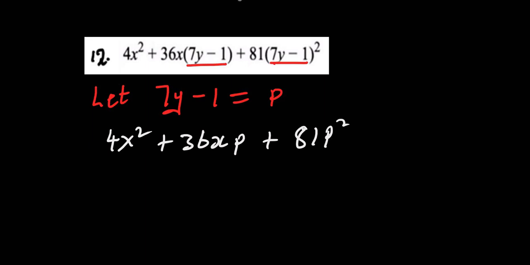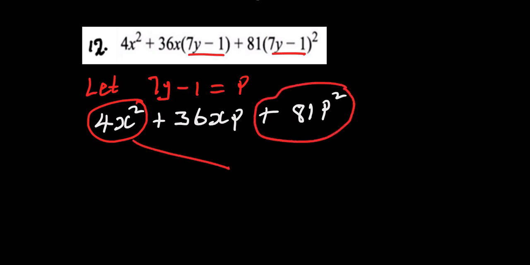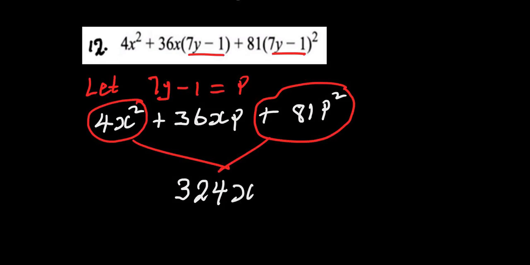So at this point we can take this value and this and just multiply them. So 4x squared times plus 81p squared. That is going to give us 324x squared p squared.